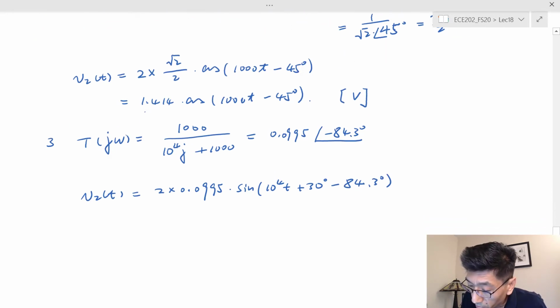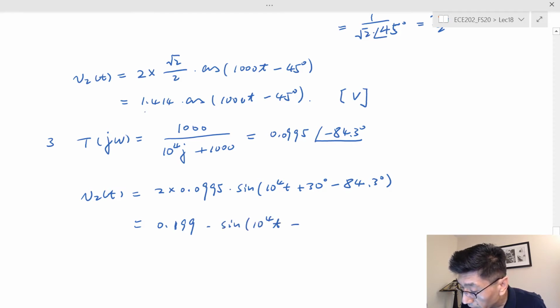The result is 0.199 times sine of 10 to the power 4 t minus 54.3 degrees.